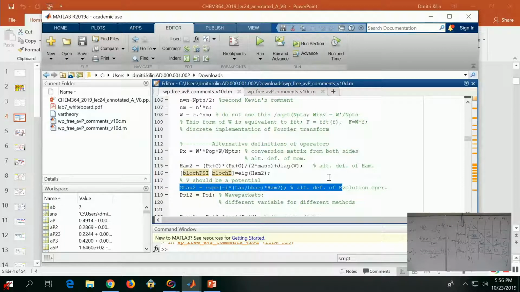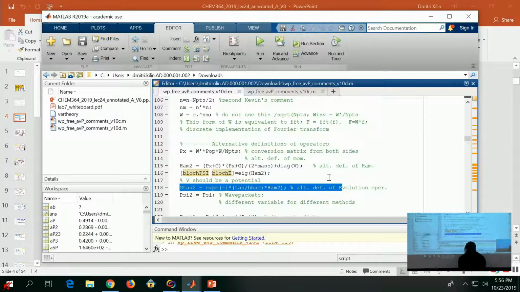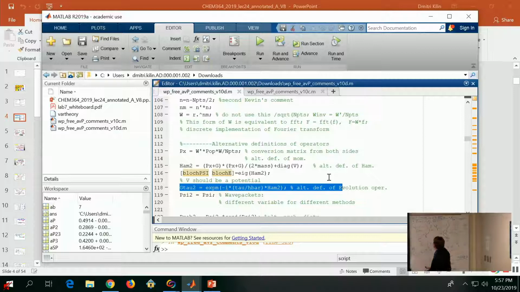And if you plug in this matrix, if you multiply it by the imaginary unit and h bar, it will be the matrix for the momentum operator.